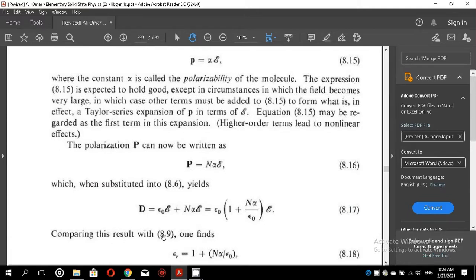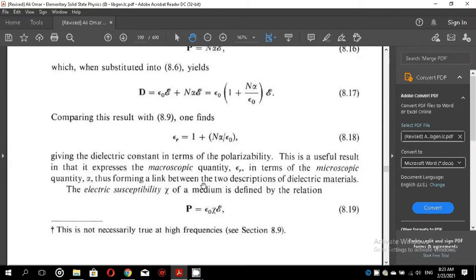Comparing this result with equation 8.9, one finds that the relative permittivity, or epsilon r, is equal to 1 plus N alpha over epsilon naught, equation 8.18, giving the dielectric constant in terms of the polarizability. So this is the equation which correlates the dielectric constant epsilon r with the polarizability, that is alpha.